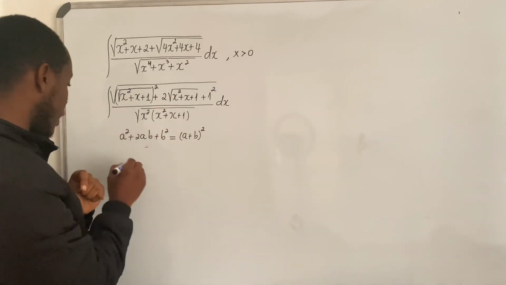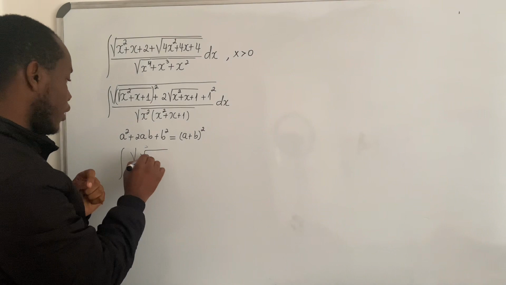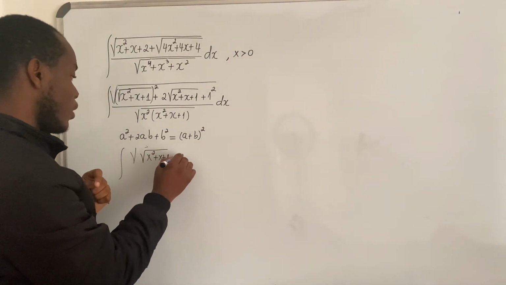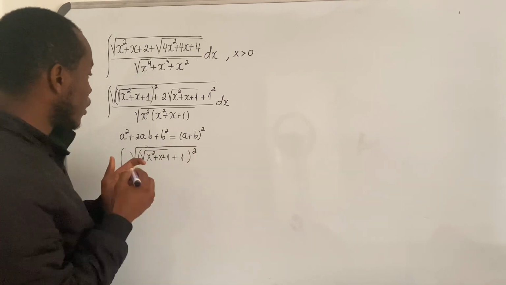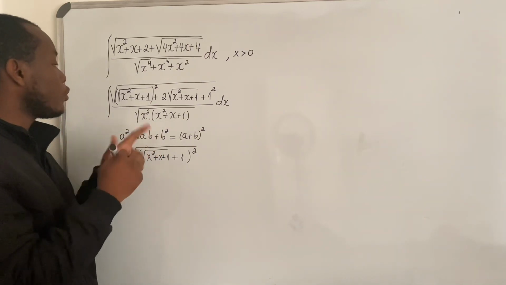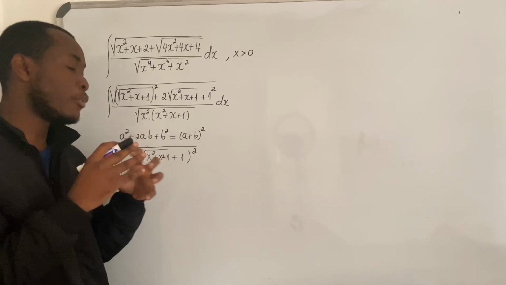So if we apply it there, we're going to have the integral of the square root of x squared, which is my a, plus 1 all squared. And in our denominator, we have the square root of x squared times this expression. We can separate them, each one with the square root.